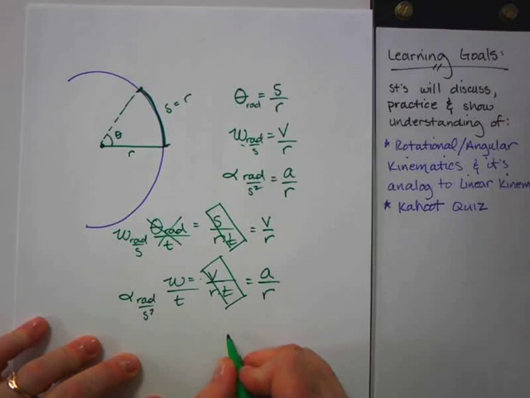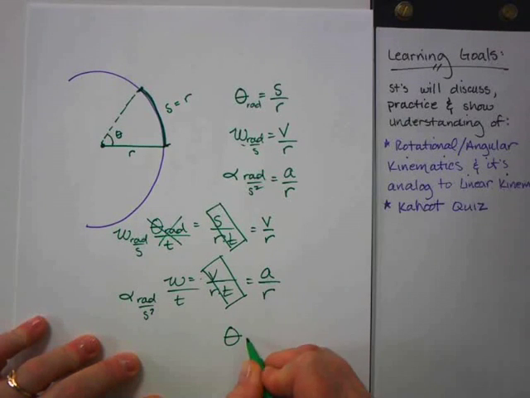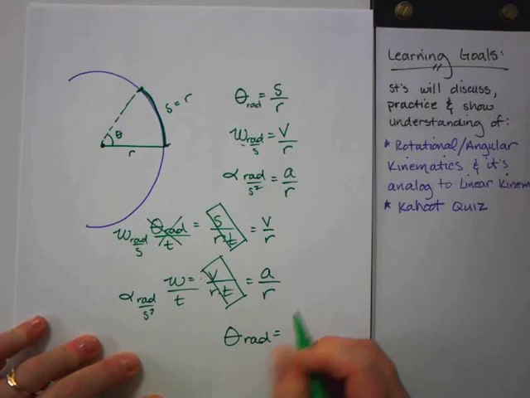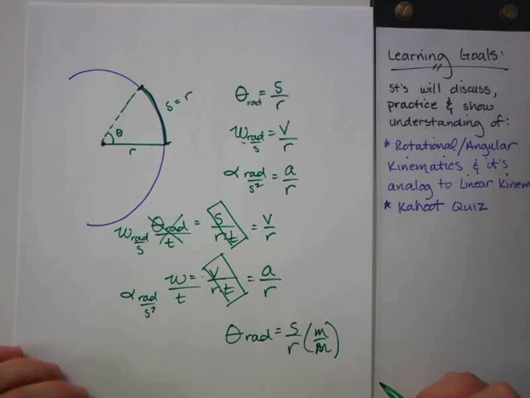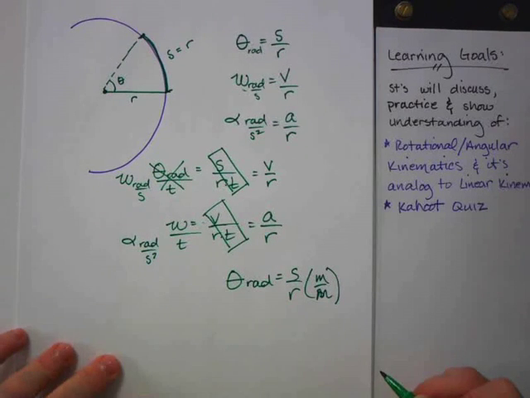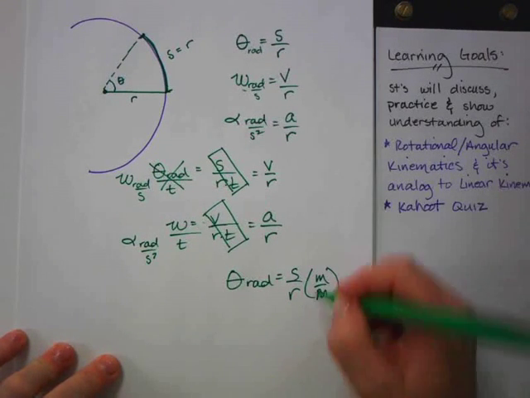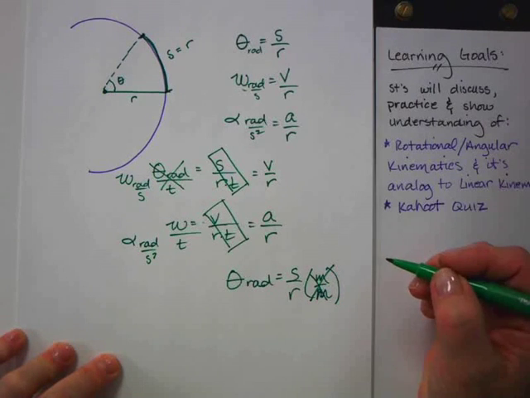And if we analyze these units, we can pick whatever one we want. Theta, for example, is radians, and that equals S over R, which is meters over meters. What happens to those units on the right side of the equation? They cancel.